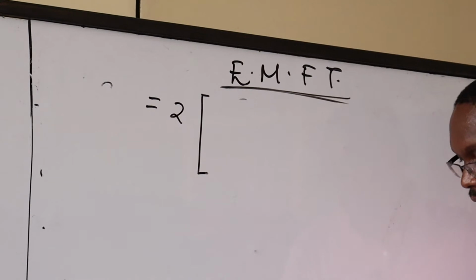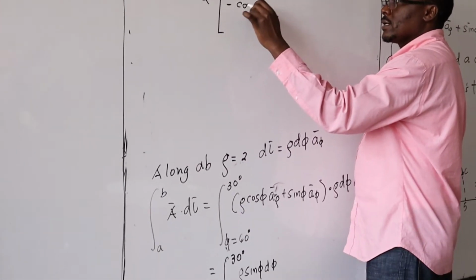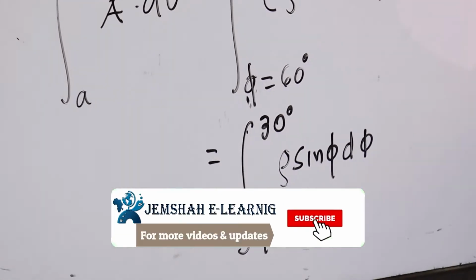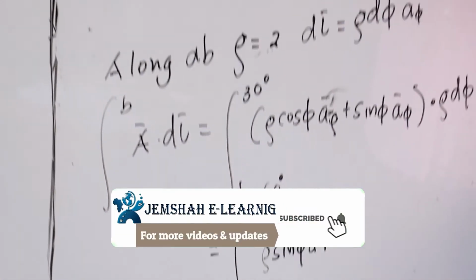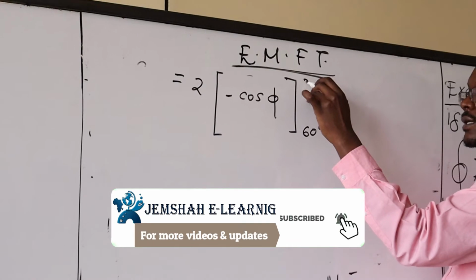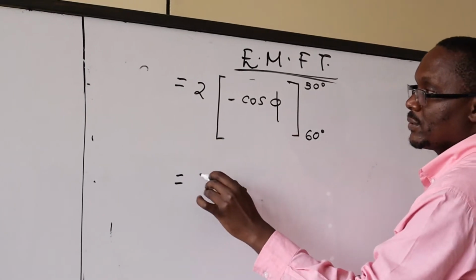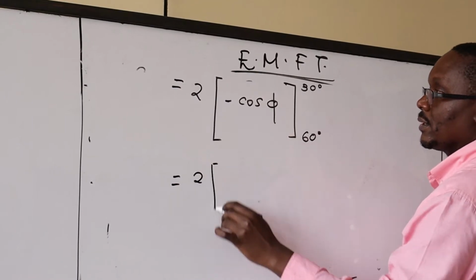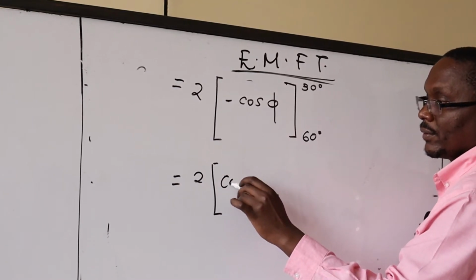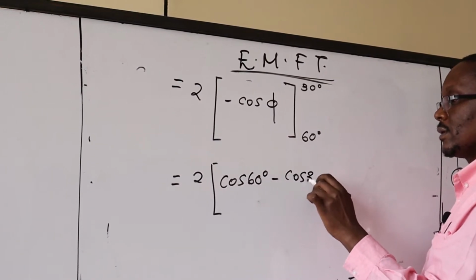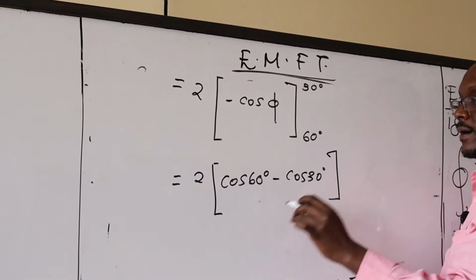And if you integrate sine, you'll get negative cos of phi, like so, with my limits from 60 degrees to what? To 30 degrees. So this translates into 2 into the cosine of 60 degrees minus the cosine of 30 degrees.